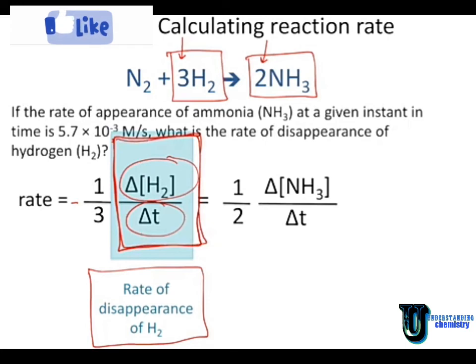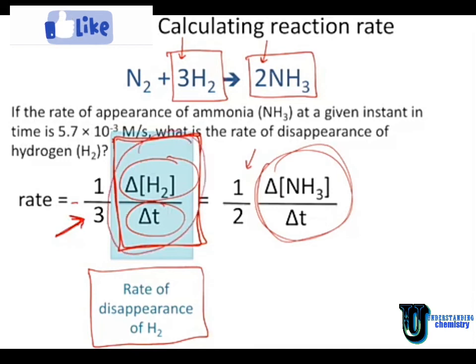So what that means is that if I were to take 1/3 times the rate of the disappearance of hydrogen, that should be equal to 1/2 times the rate of the appearance of ammonia. And so don't just lump this fraction in here with our actual rates.